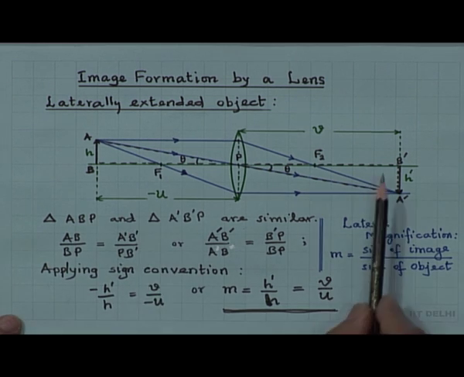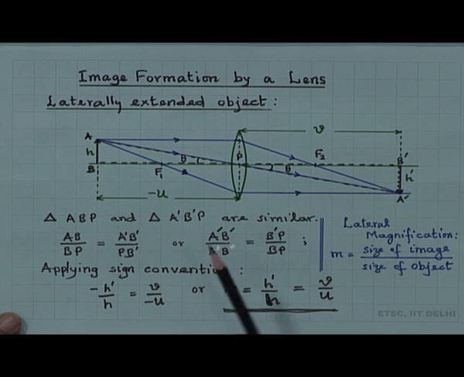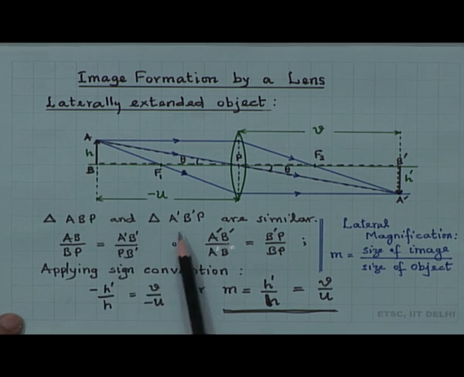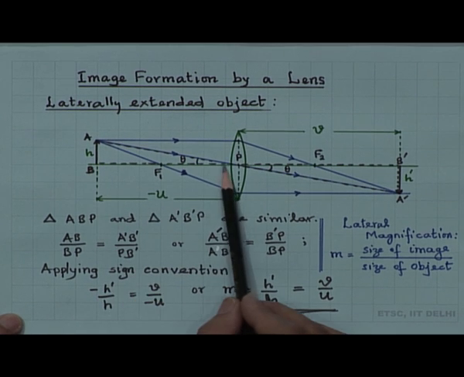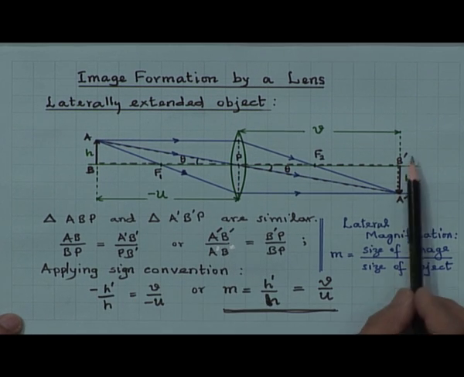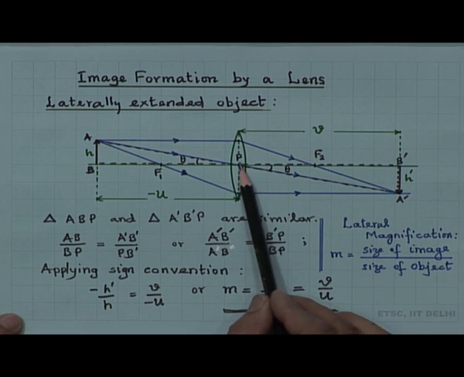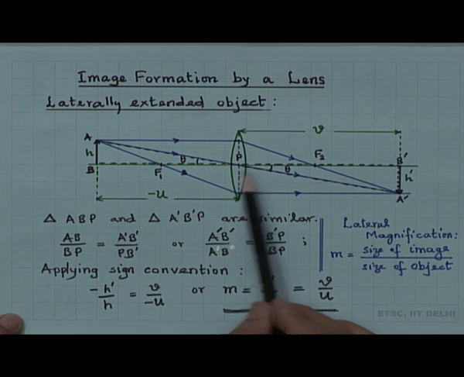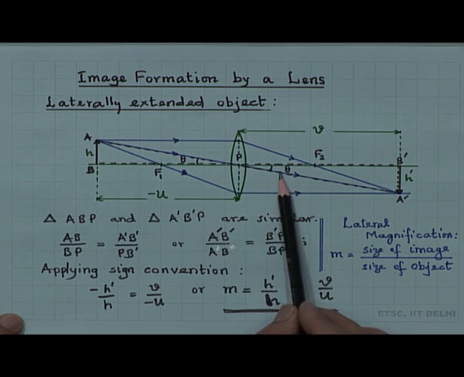Now, let us quickly see this, because we are familiar with the formation of images. So, look at the triangle ABP and triangle A dash B dash P. These are equivalent triangles, because these opposite angles are equal, 90 degrees.